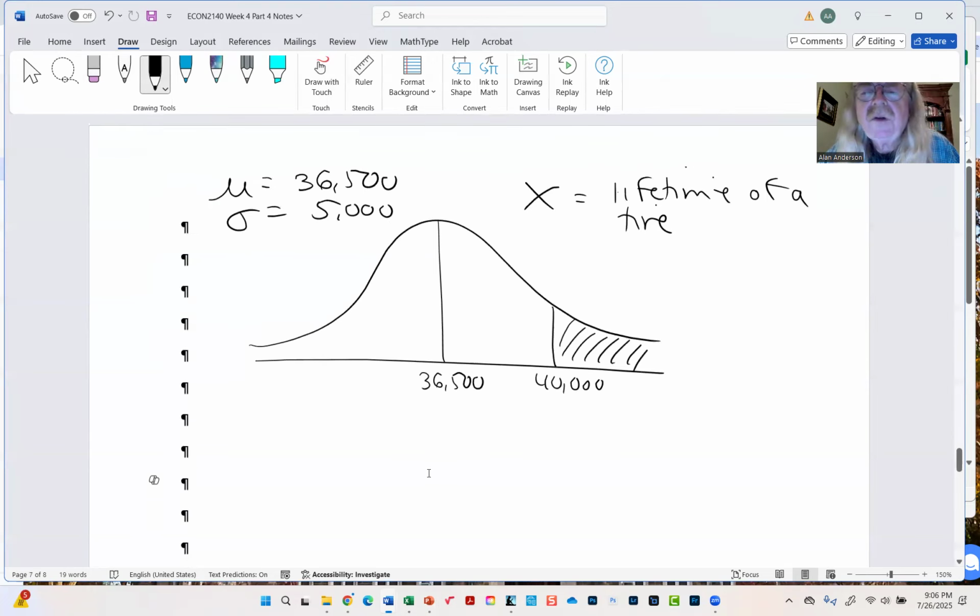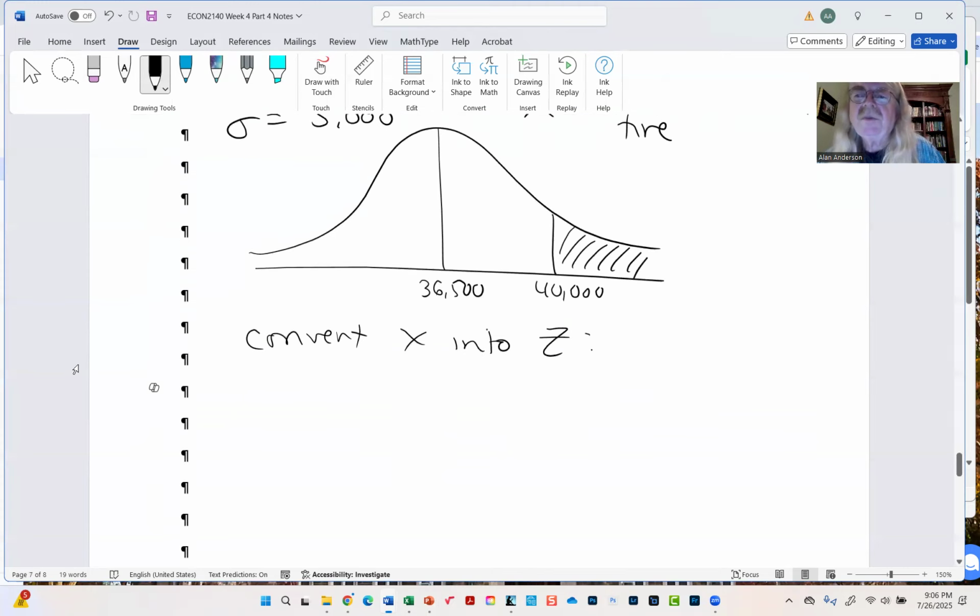So if you're going to use that table, or if you're just going to use the standard normal distribution, what we're going to need to do is this. I mentioned this formula once before. We didn't really use it. What it says is, whatever X you're looking for, you can convert it into a standard normal random variable by subtracting the mean and dividing by the standard deviation.